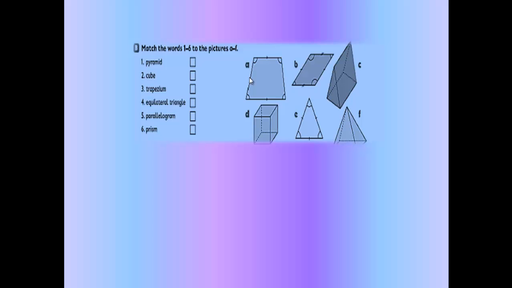Prism is a 3D shape, so we can match it with C, prism. Now you can check your answers, my students, to know if you do right or not. So number 1 with F, number 2 with D, number 3 with A, 4 with E, 5 with B, and finally 6 with C.